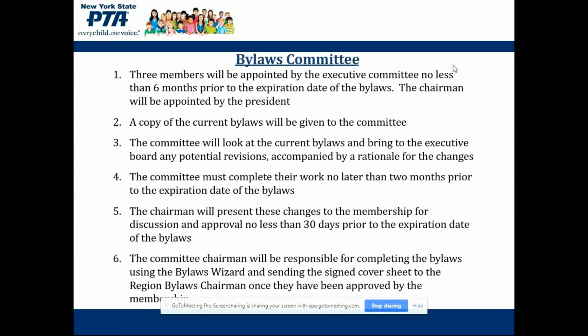You don't just make changes to your bylaws for the sake of making changes. Okay? For example, the dues. That's a very difficult one to change because we all don't want to have to charge more for dues. But let's say that you've had your dues at $5 for the past 5 years. And the dues is your first kind of large amount of money that your PTA gets in the very beginning of the year.